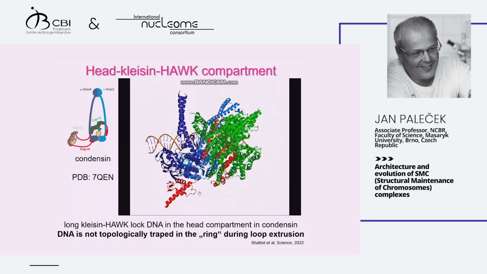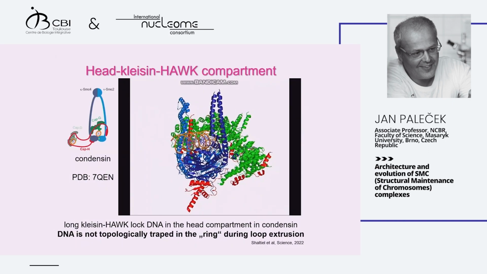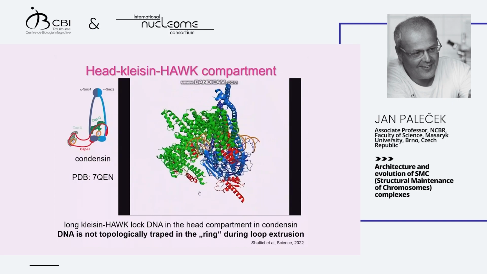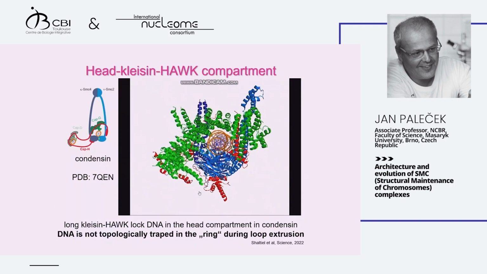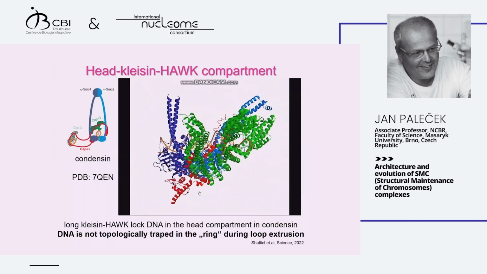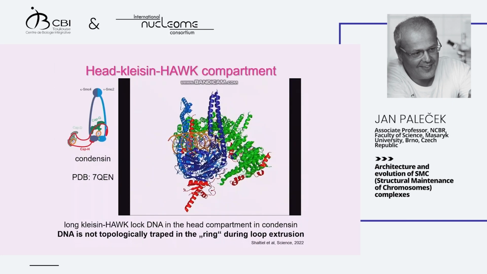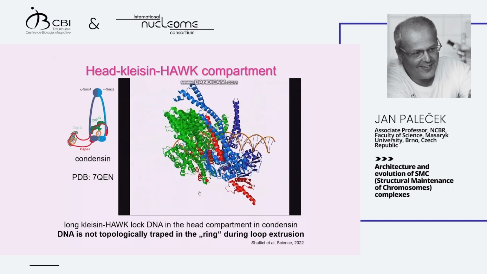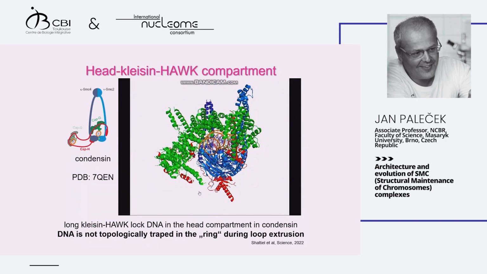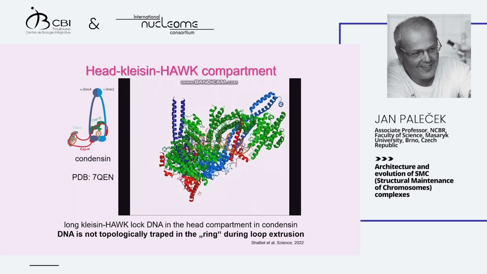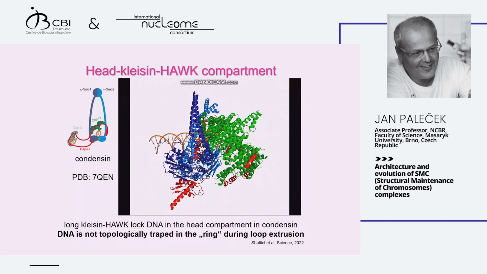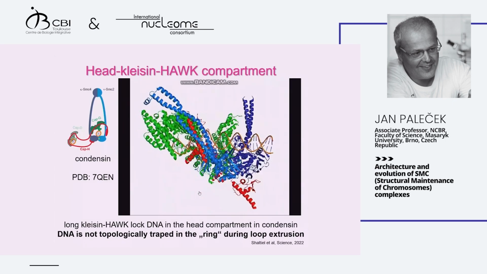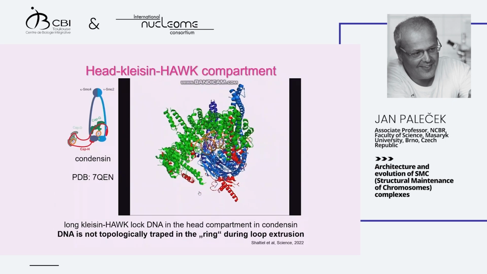More surprisingly, a very recent paper in Science from Christian Haering's lab showed that not only is the first segment locked in this way, but the other DNA segment is probably not within the ring, but somewhere with the other Hawk subunit bound along this long kleisin linker.